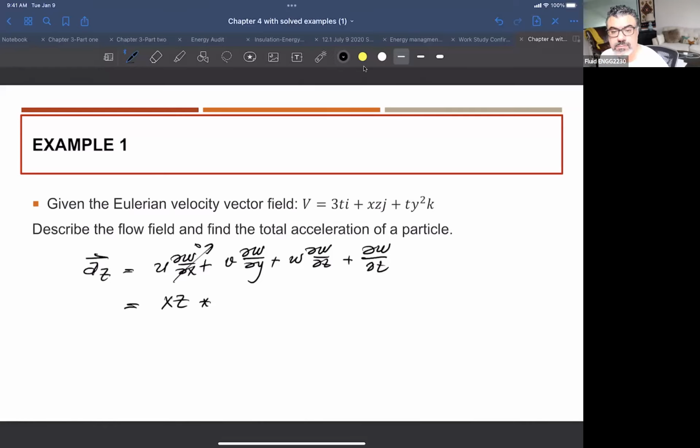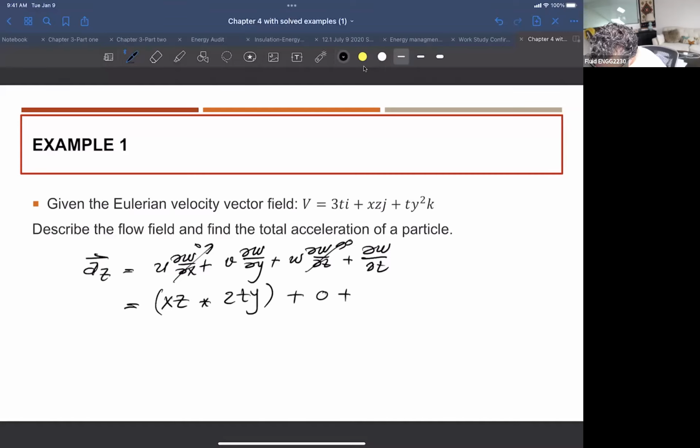Sorry if I'm boring, but I'm just trying to give you an idea about systematic analysis of these problems. So dw by dy is 2ty, all multiplied, plus w, which is t. Actually, dw by dz is 0, because w is not a function of z, which means this is 0.